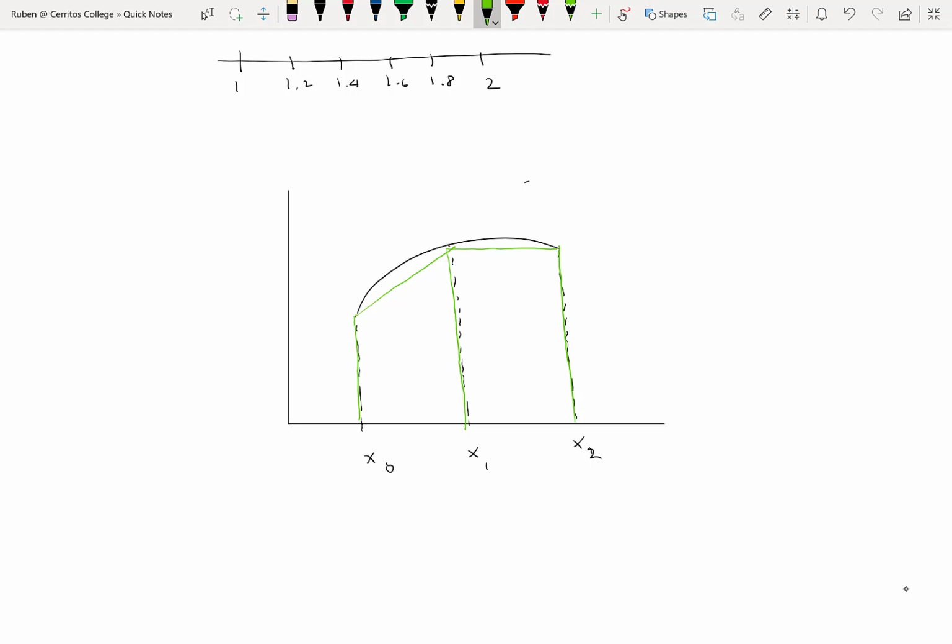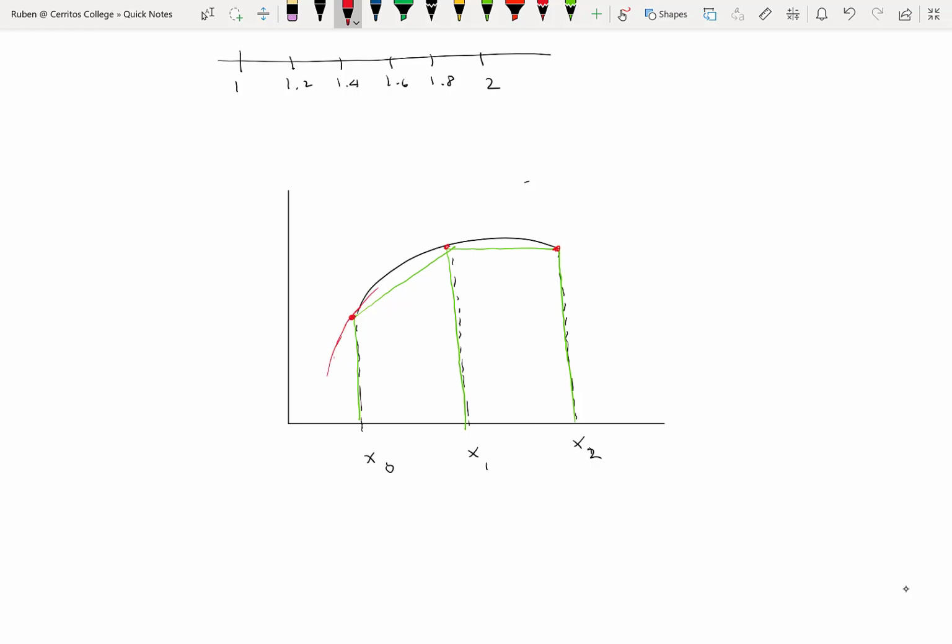If you're not following along, in order to use parabolas to estimate the area within the first 2 subintervals, I'm going to need to use the 3 points that I'm indicating here to best fit a parabola. The best fitting parabola might look like this.